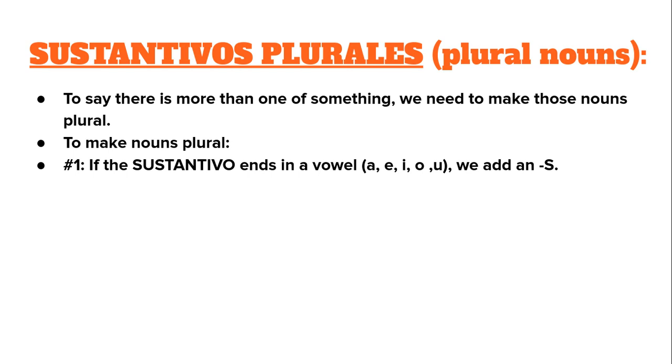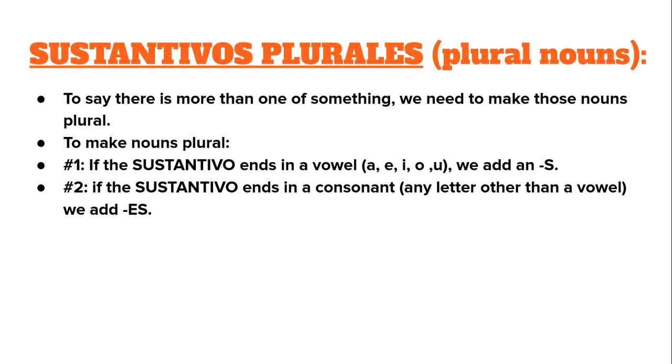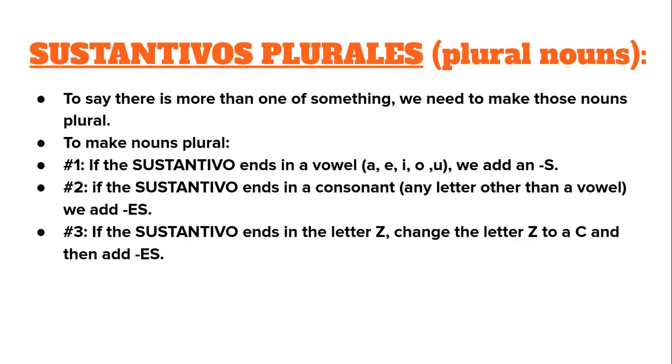Number one, if the sustantivo or the noun ends in a vowel, then all we need to do is add the letter S. Number two, if the sustantivo ends in a consonant, then we add ES. And number three, if the sustantivo ends in the letter Z, we're going to change the letter Z to a C and then add ES.